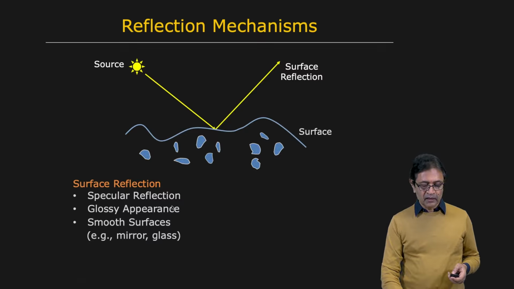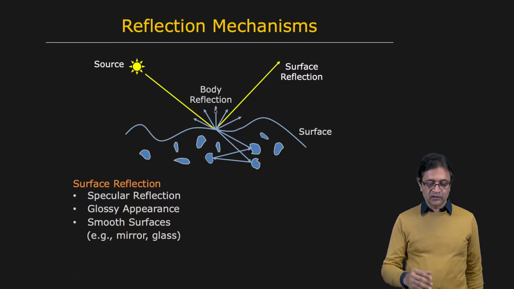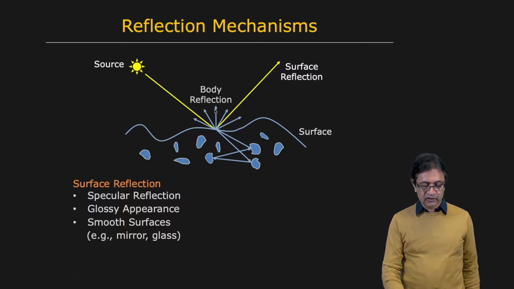I'm showing this as going pretty deep here, but this happens at the skin of the surface, a very, very small depth with respect to the surface itself. It bounces around, and this is such a random process that ultimately when it makes its way back to the surface, it gets scattered in many different directions. And that's called body reflection because it enters the body of the material.